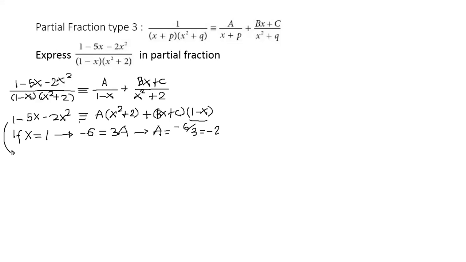To find b and c: 1 minus 5x minus 2x squared is identical to a times x squared, which gives ax squared, and a times 2, which is 2a.